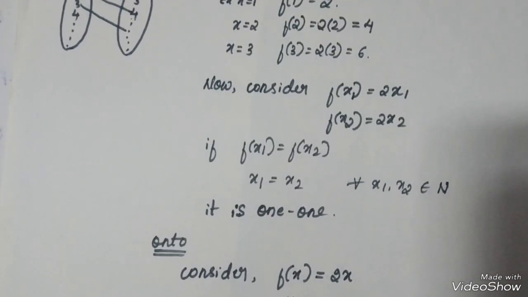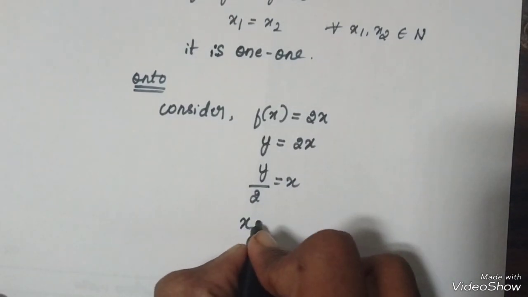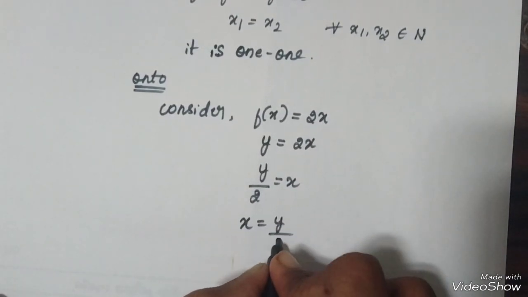Now solve for x. Therefore y divided by 2 equals x, so x equals y by 2.